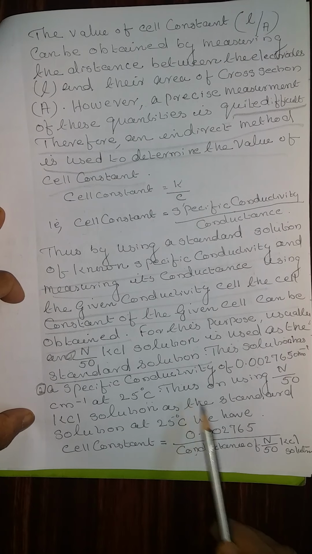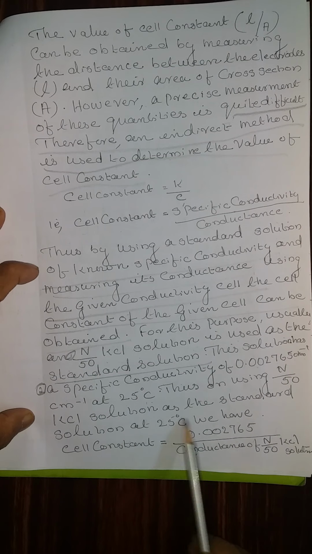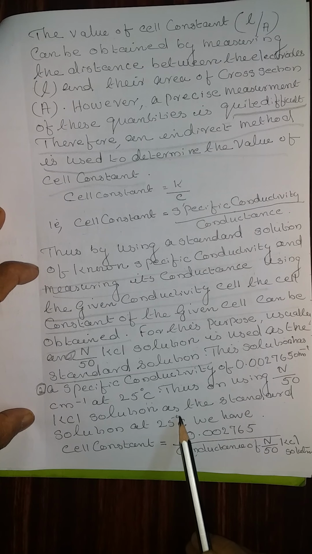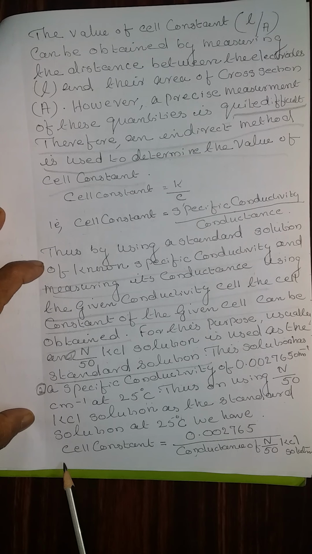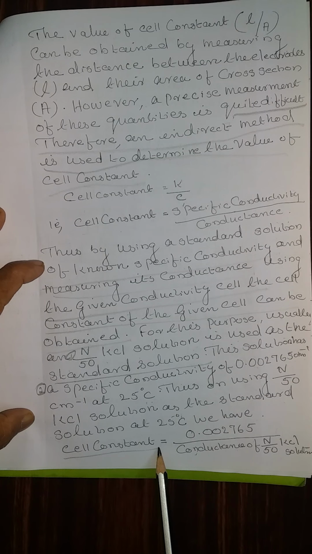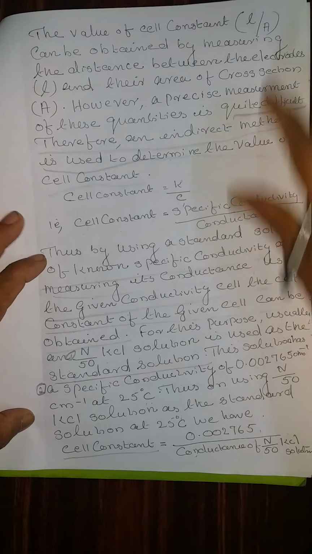Thus, on using an N by 50 KCl solution as a standard solution at 25 degrees centigrade, we have the equation: cell constant is equal to kappa, that is 0.002765, divided by the conductance of the N by 50 KCl solution.